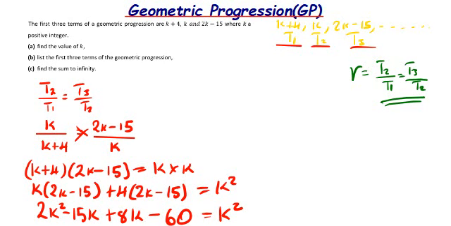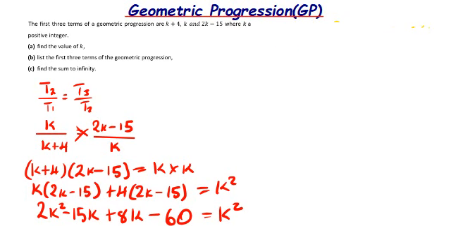When you reach this point, you group your like terms. So when we group our like terms, we are going to have 2k squared minus 15k. Now 15k and 8k can add or subtract. So negative 15k plus 8k, it is what?